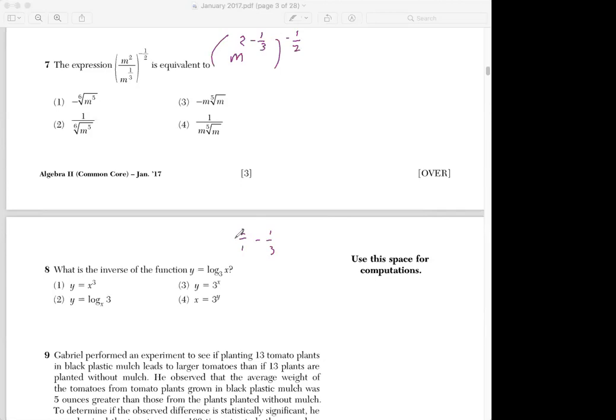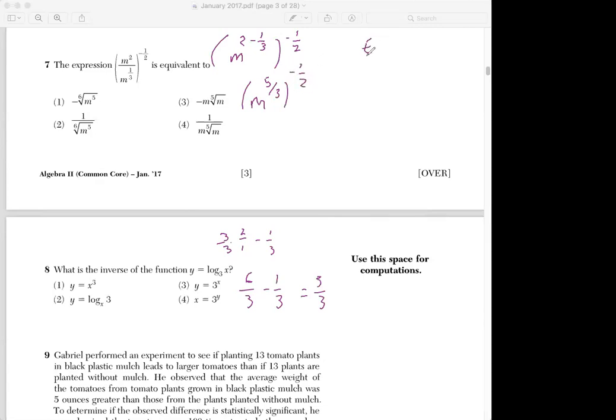Let's give these same denominators. This will be times 3 over 3. So we get 6 over 3 minus 1 over 3, 5/3. So this becomes m to the 5/3, to the negative 1/2.